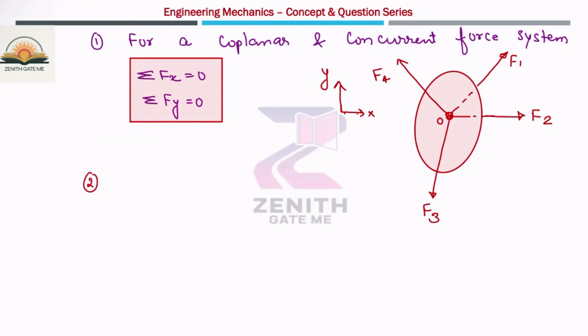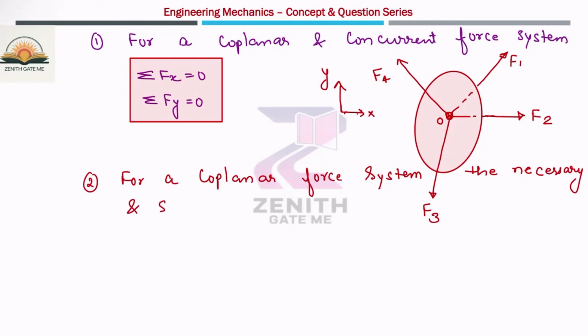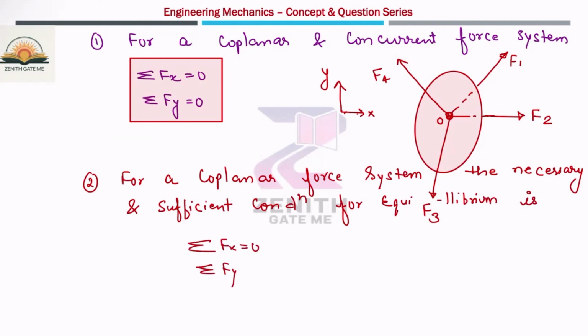So the second point is, for a coplanar force system, the necessary and sufficient condition for equilibrium is summation of force in x direction 0, summation of force in y direction 0, and summation of moment about any point equal to 0.